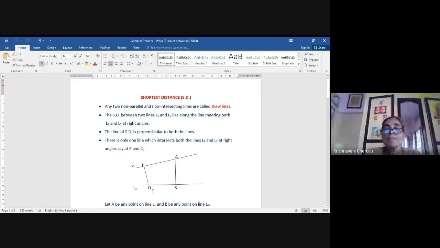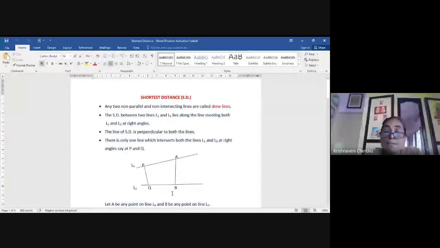So remember the line of shortest distance. We call this PQ the line of shortest distance. It is perpendicular to L1 and perpendicular to L2. Then only would PQ be the shortest distance.